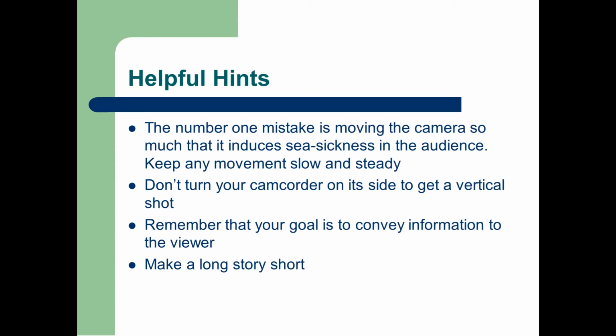You really want to go ahead and shoot with it wide, left to right, because that's the way your televisions are. If you notice any news stories where somebody sent in video, there will be black borders on left and right, which is to fill up the space on the screen. So shoot wide. Remember that your goal is to convey information to the viewer, and if you can, make a long story short.